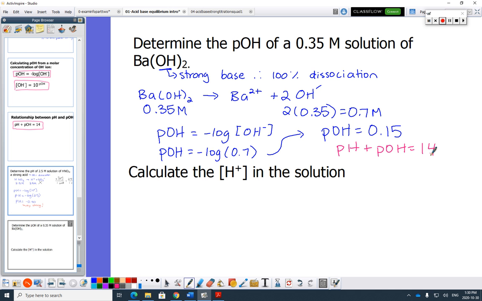It was one of the ones you highlighted as well. So pH would be 14 minus pOH. Which makes a lot more sense. 13.85. Okay, that's a high pH. That makes sense.